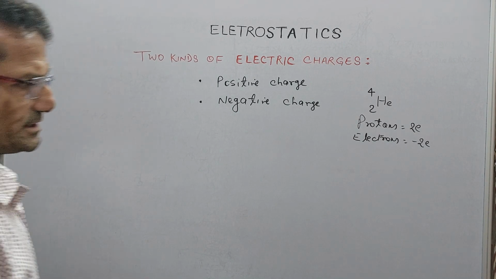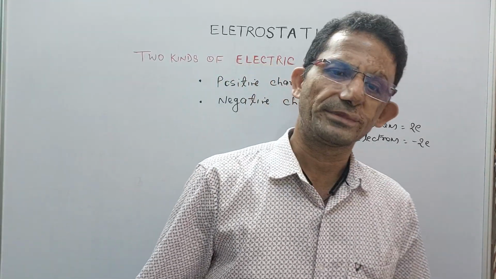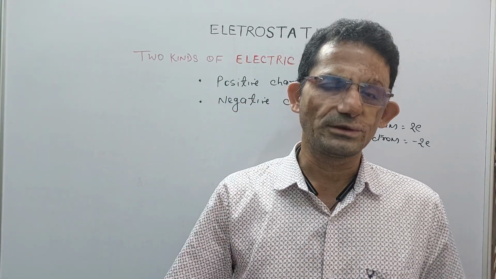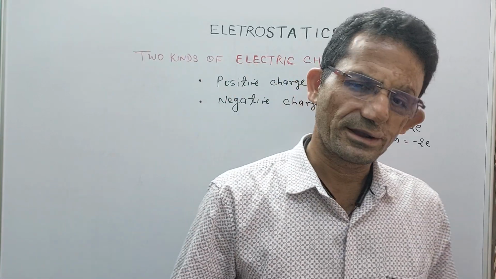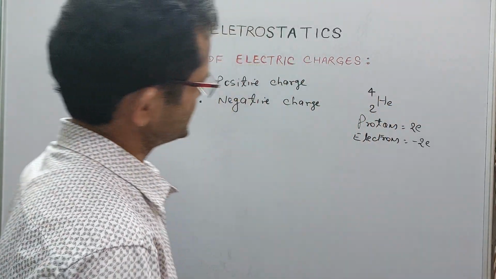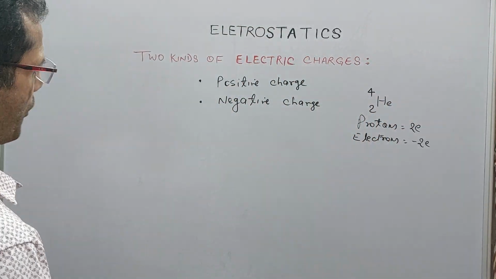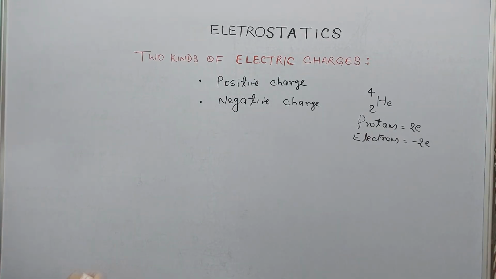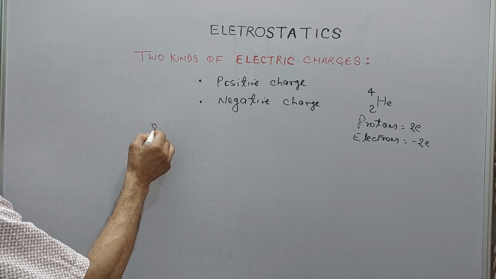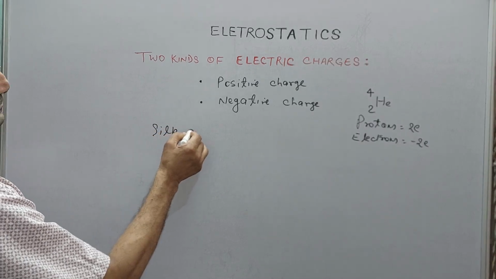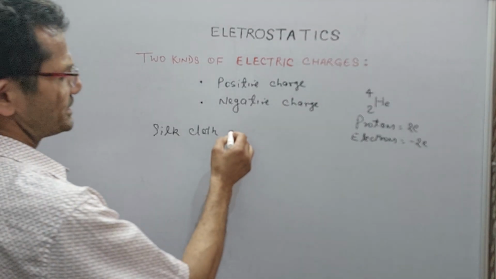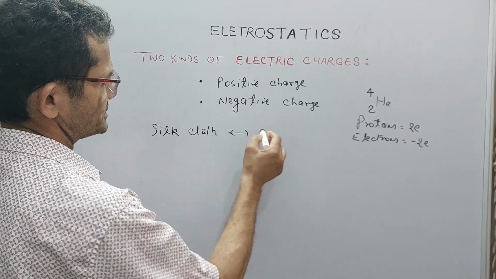If charge is given from outside, it is transferred. When you rub two objects, the charges transfer. Second, by conduction we can also transfer charges. One example is rubbing two objects. Suppose we rub a silk cloth with a glass rod.